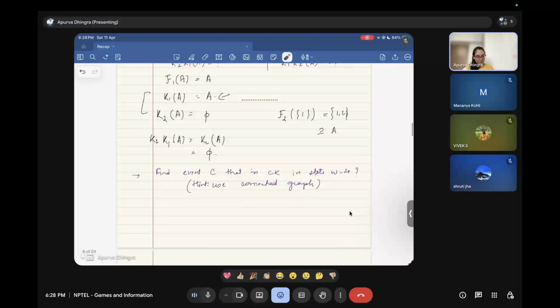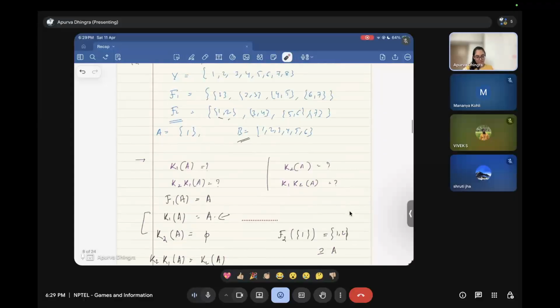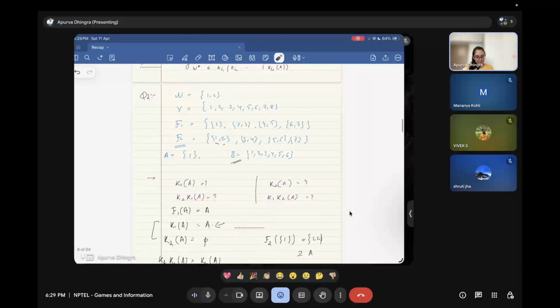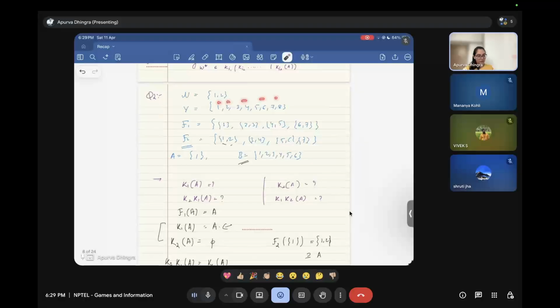So one way of doing this is to create a connected graph. Remember, in these situations, 1 to 8 are all the nodes. If for any player in the game, two states are not distinguishable, then you draw an edge between them.